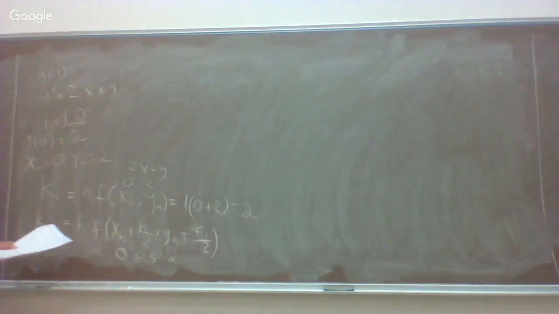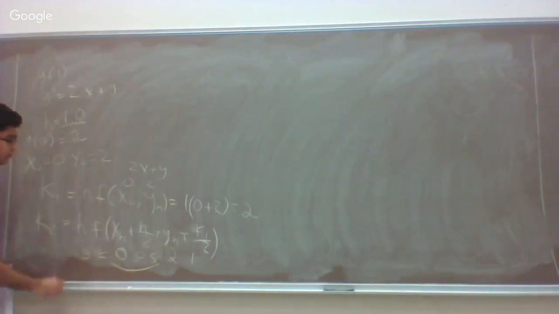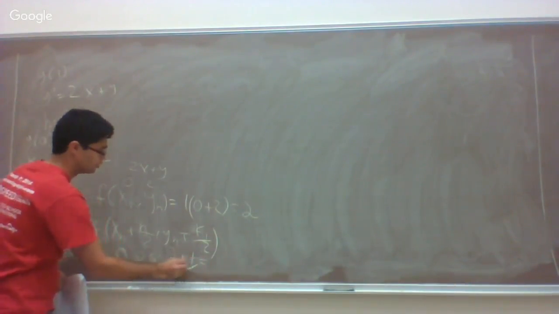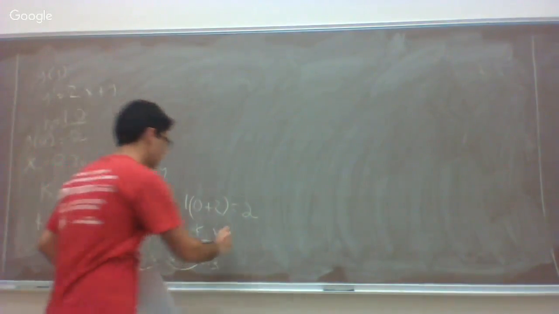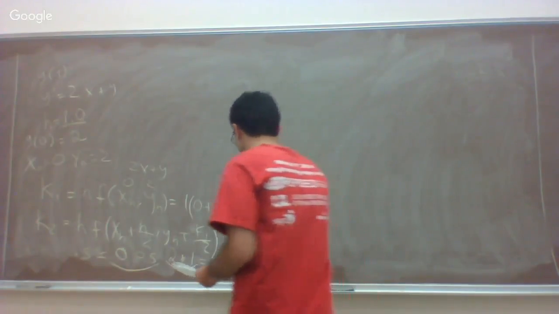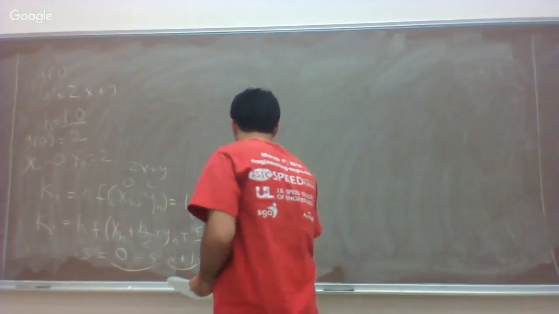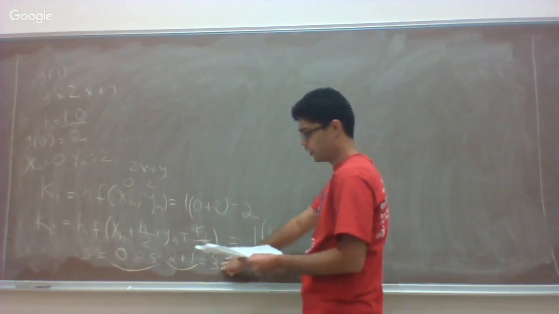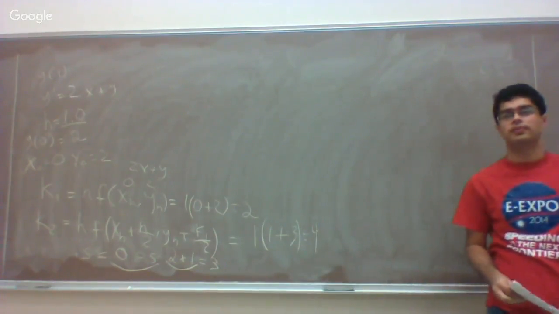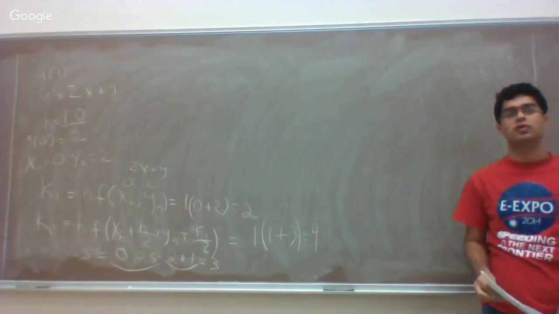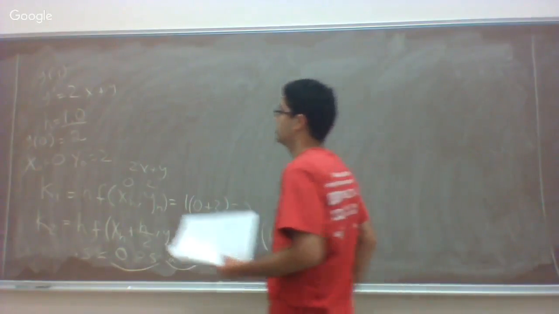K1 divided by 2 is a 1. So my x portion is equal to 0.5. My y portion is equal to a 3. Okay. So if I plug into the equation, I have 1 times 2 times 0.5, which is a 1, plus 3. So my k2 value is equal to a 4. Did this make sense? Again, plugging and chugging essentially.